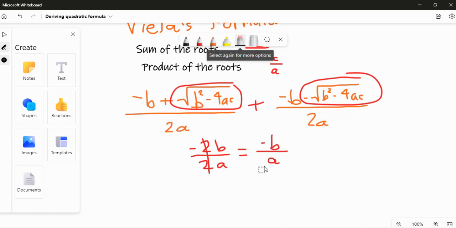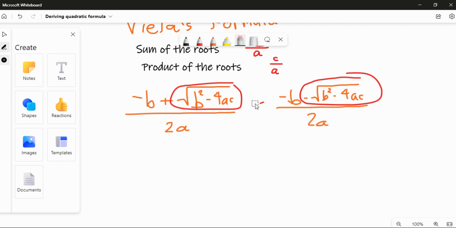Now for the product of the roots, we can just prove this by multiplying. Sorry about that. We can prove this by multiplying. So when we multiply these together, you're just going to end up with the product of the roots.